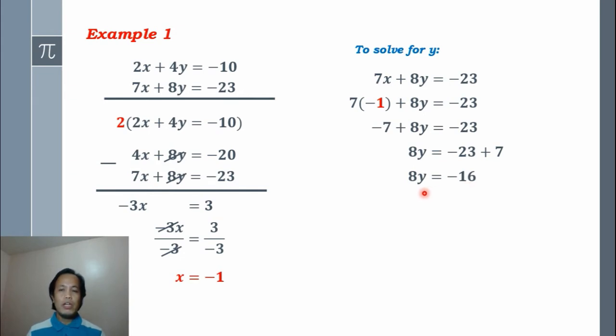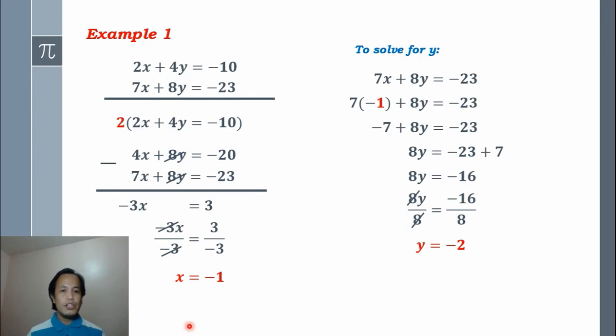Now, since we are only going to solve for the variable y, we divide both sides of the equation by 8 to eliminate the coefficient of y, which is 8. In this case, we can cancel out the 8. What shall remain in the left side of the equation is y. And negative 16 divided by 8 is negative 2. So the values of the variables are negative 1 and negative 2 for x and y respectively for this set of linear equations in two variables.